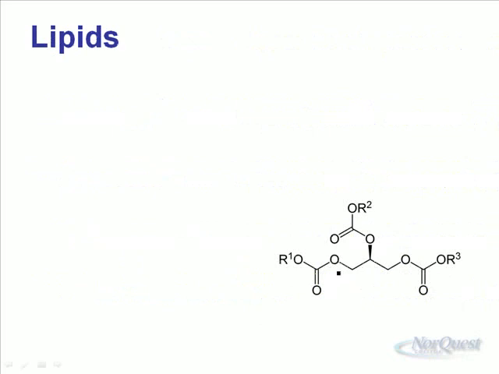If we take a look at our structure here, let's just make sure I get the circle in the right place. This here is our glycerol molecule. So carbons go there. So there's glycerol.